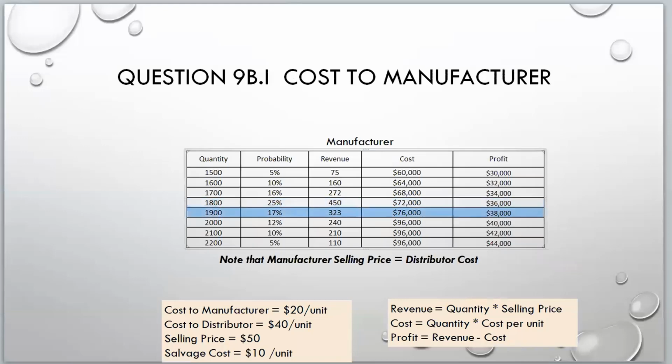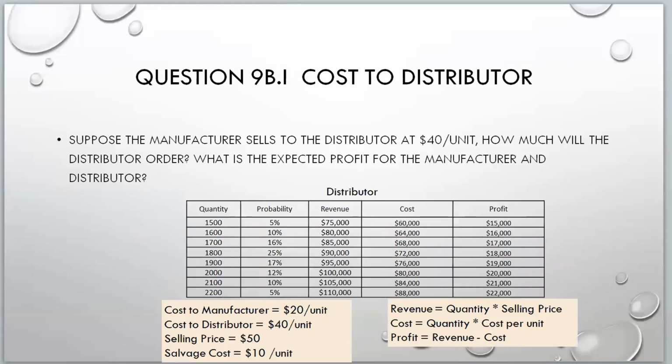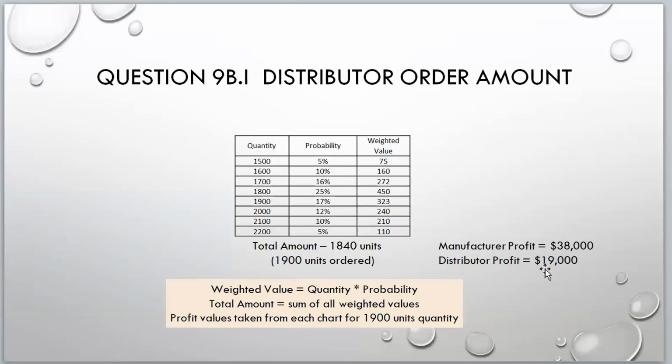And the distributor profit will be 19,000, as it states here. As it states here, the weighted value is quantity times probability. You just add up all the weighted values. And then take the profits from each chart for 1,900 units.